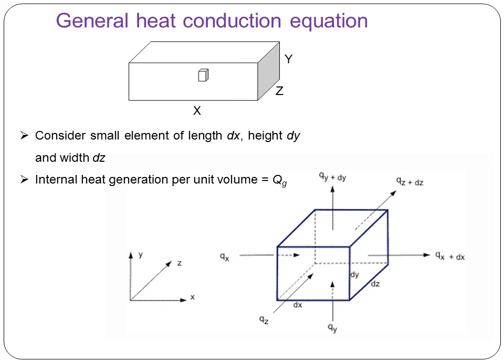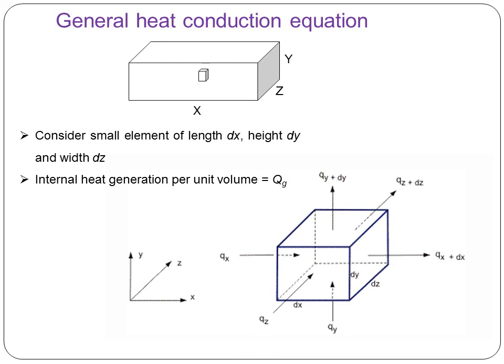Qx plus dx is the heat leaving the element in the x direction at a distance of dx. Similarly, Qy is the heat entering the element in the y direction from the bottom surface, and Qy plus dy is the heat leaving the element at a distance dy in the y direction.